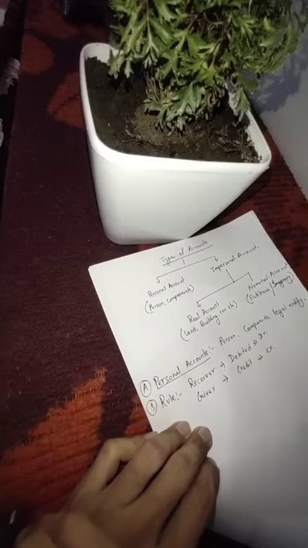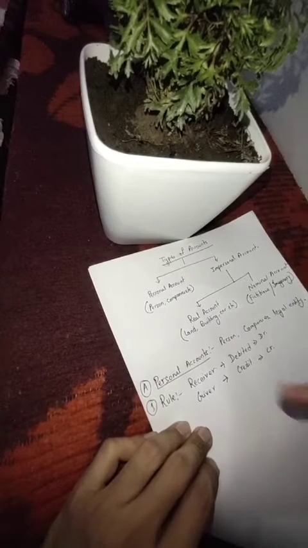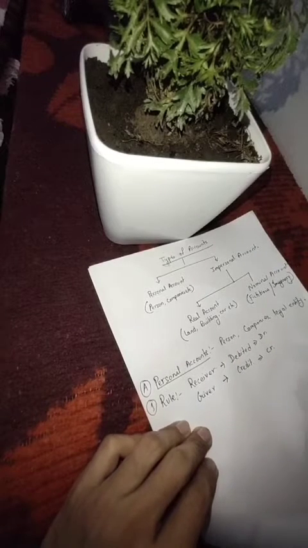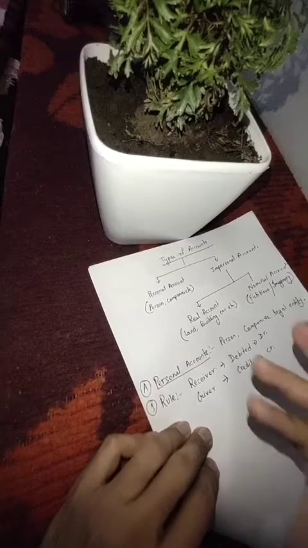Now most of the students get confused with this part: who is the receiver, who is the giver, which one is to be considered a receiver and which one a giver.